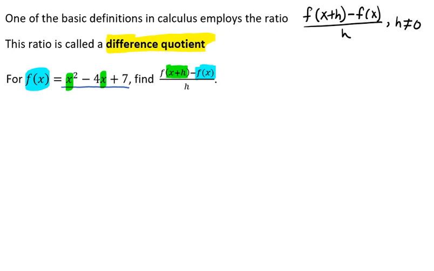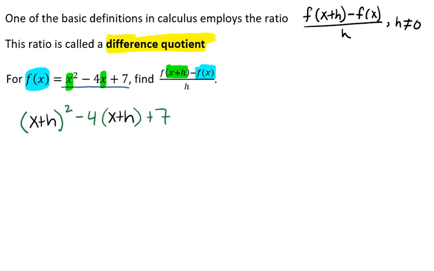So let's start off by putting that in. I'll do it in green. We write our equation: x squared minus 4 times x plus 7, and remember we're replacing that x with x plus h.